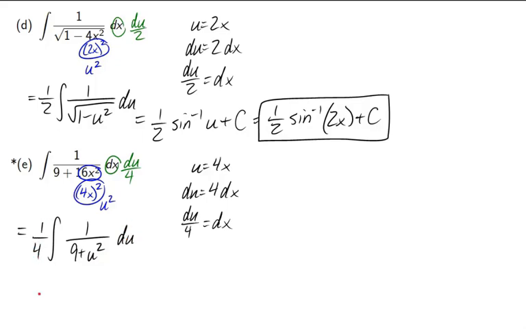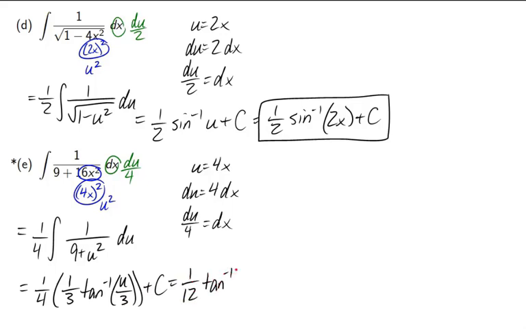Now you need the rule for the inverse tangent. That's what form this one is. A is 3 in this case, and the rule for inverse tangent is 1 over a inverse tangent of u over a, plus c. So we end up with 1/12 here, inverse tangent of 4x over 3 plus c.